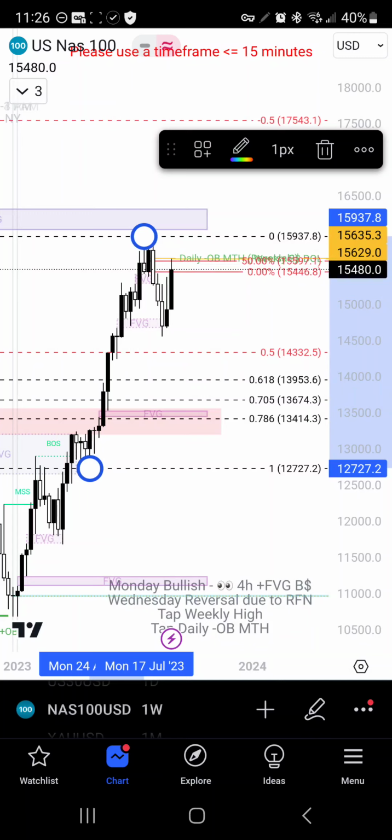So overall on the weekly, if we look below our 50% right here, okay, what do we have? We have an FVG here on the weekly. We've got an FVG here, of course. We have an order block price could come down into.